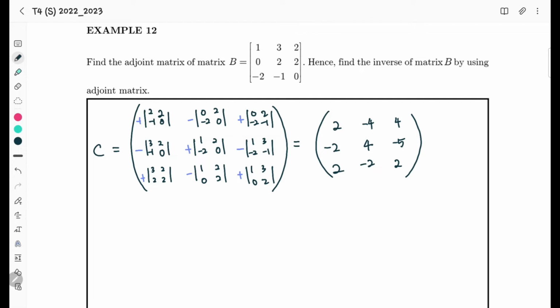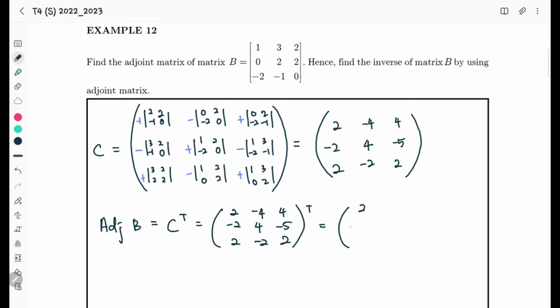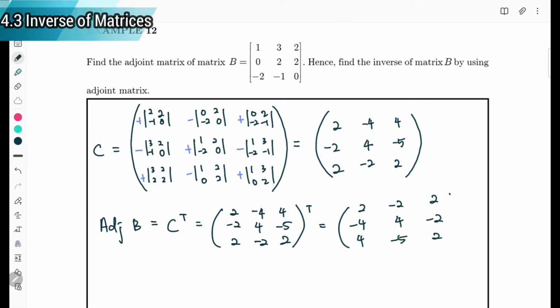So this is the cofactor of B. The adjoint of B is actually C transpose, which is 2, negative 4, 4, negative 4, negative 2, 4, negative 5, 2, negative 2, and 2 transpose. You'll get this matrix right here.